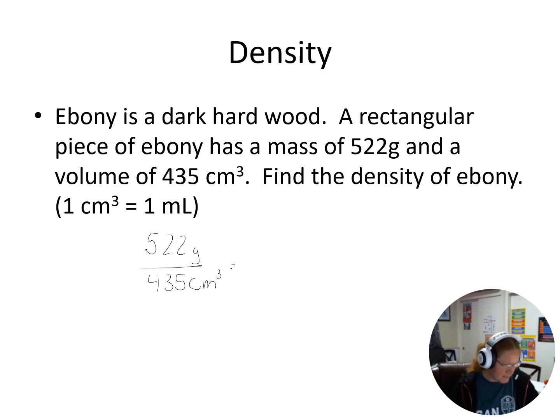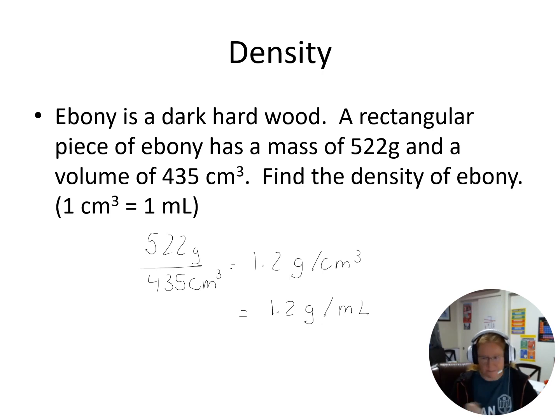And the density of my ebony is going to be 1.2 grams per centimeter cubed. And again, that 1 centimeter cubed is the same as 1 milliliter, so I can also write this as 1.2 grams per milliliter. Same thing.